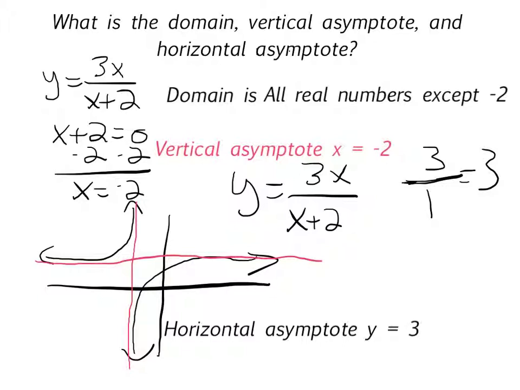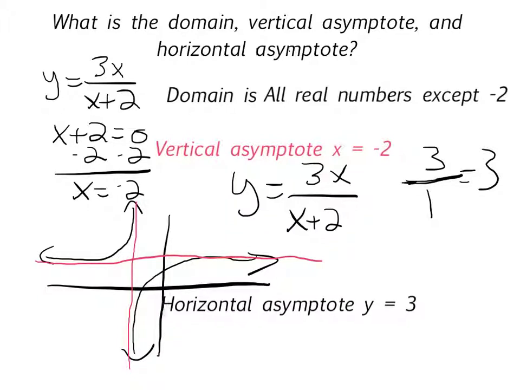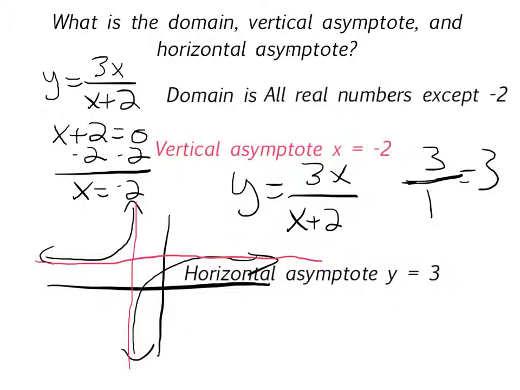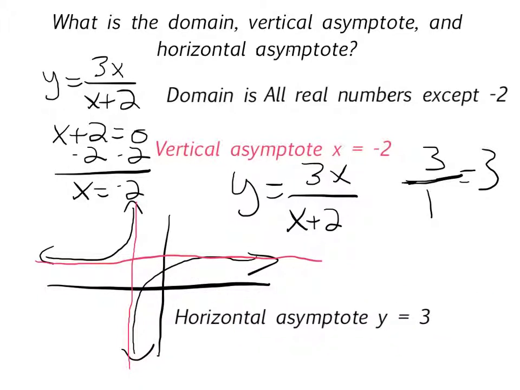And the reason why it would be a positive 3 is because this number right here is a positive 3. So this number being positive 3, y equals positive 3.